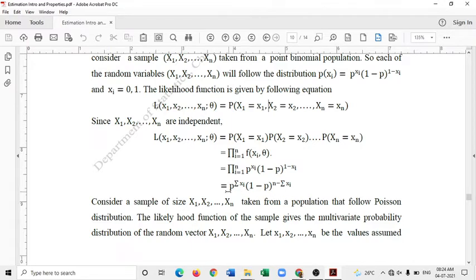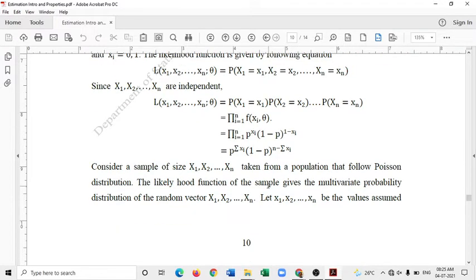This is the likelihood function, or in short, it is a product of n density functions, and these density functions are the density functions of the sample x1, x2, etc., xn taken from the population. We have one more example representing the likelihood function of a sample taken from a Poisson distributed population, where x1, x2, etc., xn are the variables representing the sample.